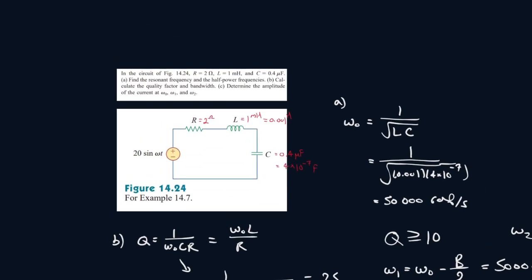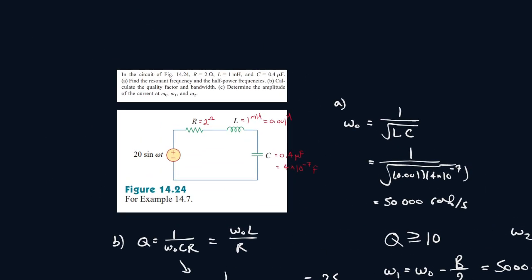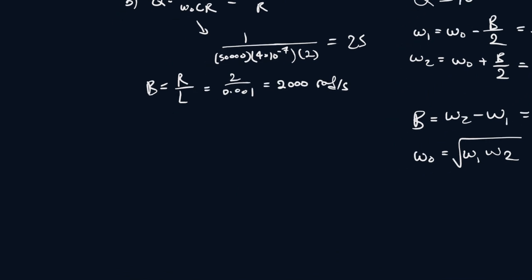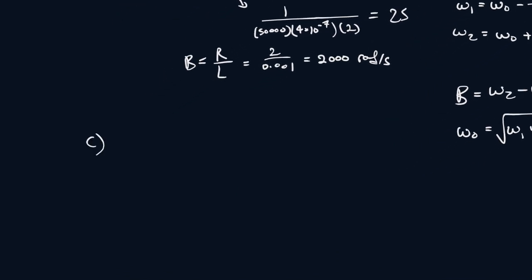Now the last part asks us to get the amplitude of the current at W0, W1, and W2. The formula to solve for this is a little long.